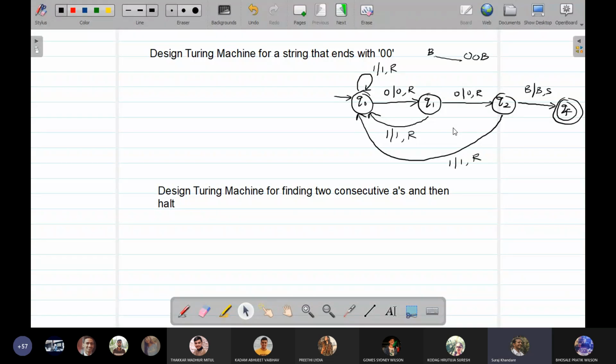So from the diagram, we'll be making the transition function. So what will we be having? We have the states versus the tape symbol, which could be 0, which could be 1.